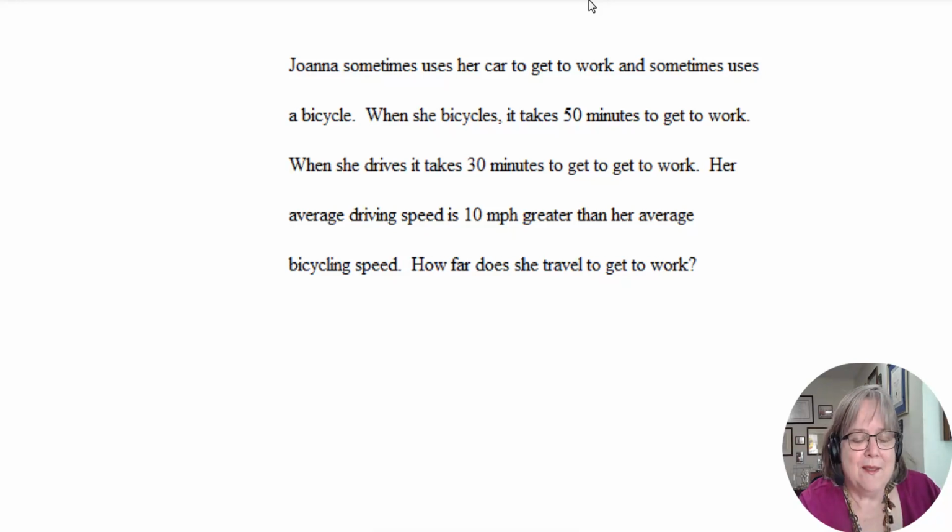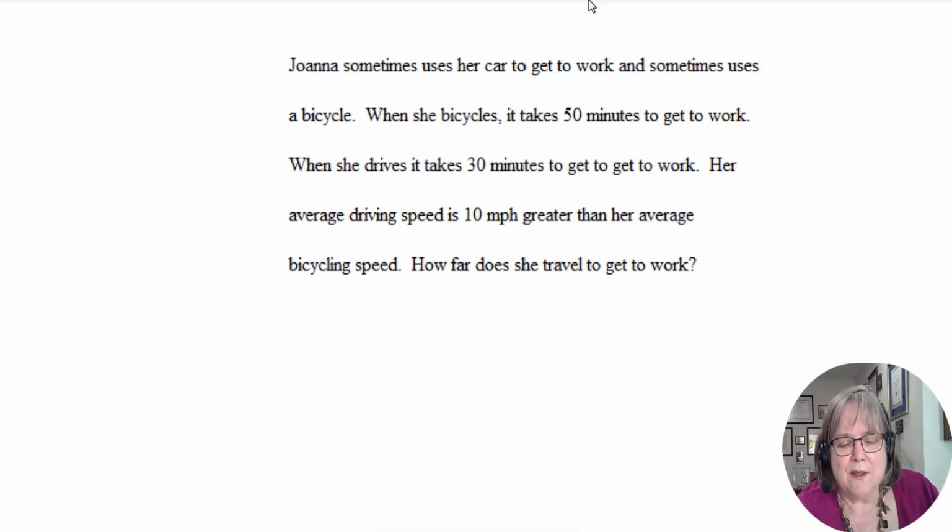Now, this one, why I want you to read it through first is to get your head into the game about, okay, what kind of problem is this? It's not just a straight translation where I just call it x and then read it very carefully and write it down. It's not a geometry problem where it's going to require me to do areas or perimeters or maybe draw a figure.